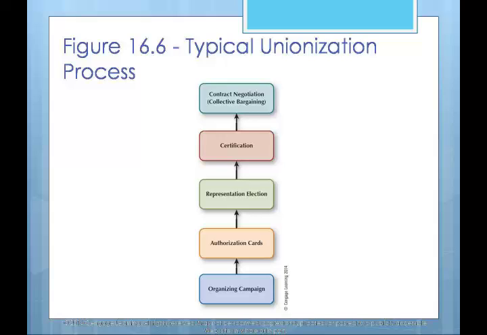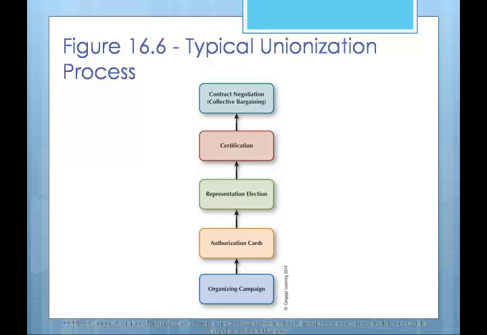The unions have employees sign union authorization cards. You have to get at least 30% of the employees in that targeted group so that the union feels that they have a good chance at winning that election.